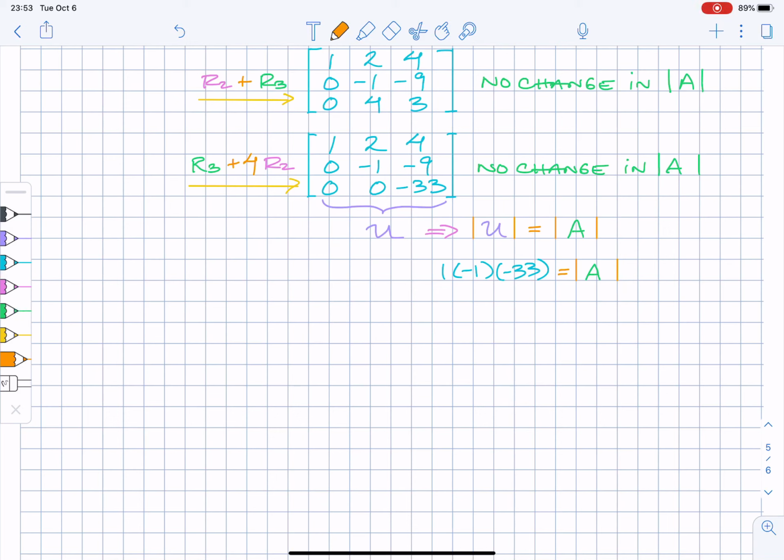So let me actually write that formally. This will be our answer, so I guess I could put it down here. Let me delete it. I'll write it this way. I'm trying to figure out what's a good way to write it. So the determinant of U, I claim, is the product, as my index counts from 1 to 3, of entry index.